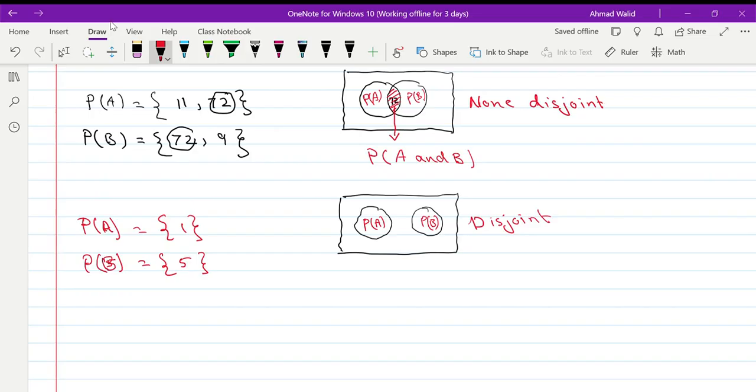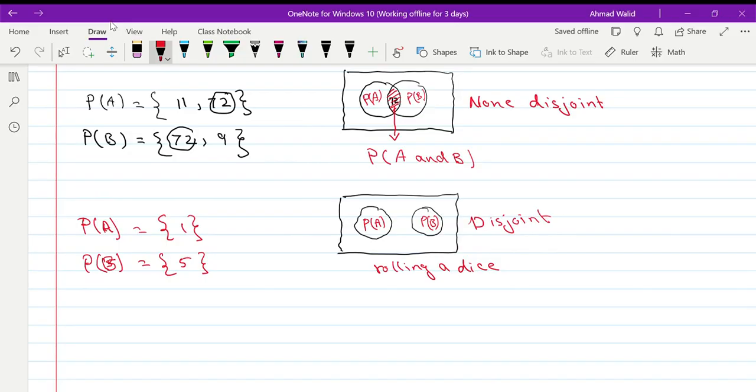There is no overlap between 1 and 5. Correct? Then this will be a good example for disjoint, rolling a dice. Rolling a dice is a good example of disjoint probabilities.